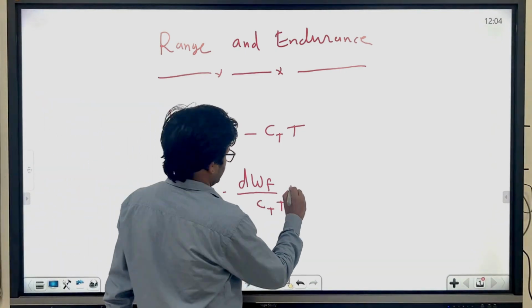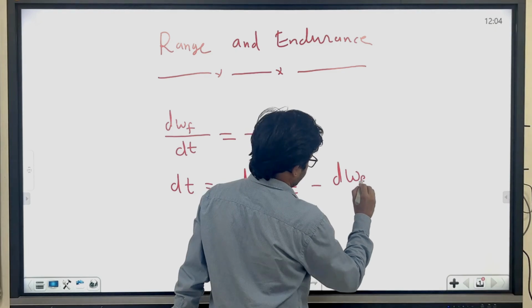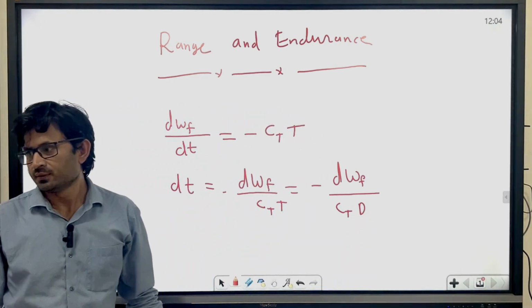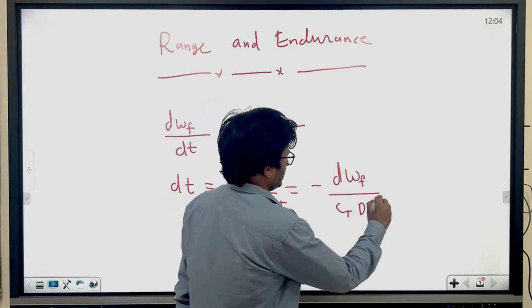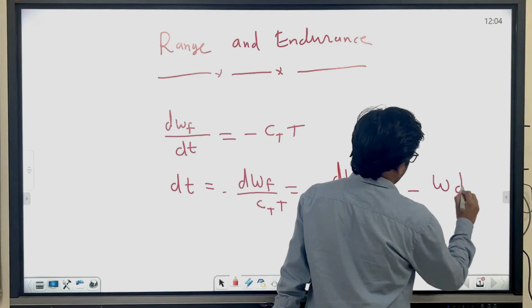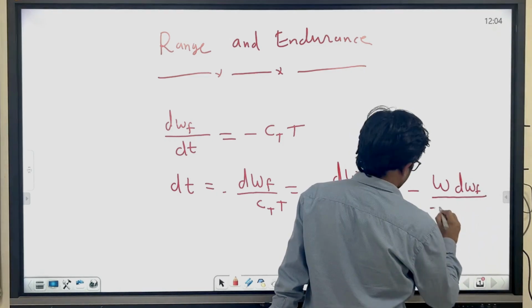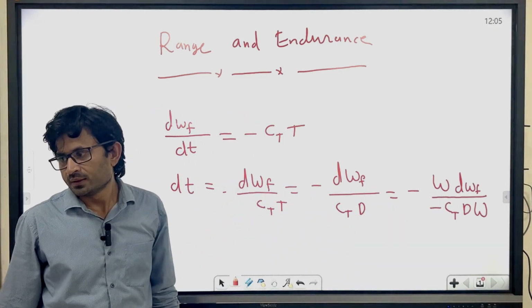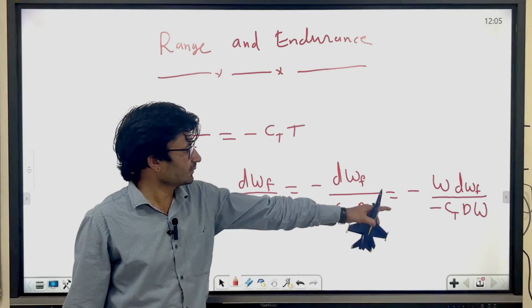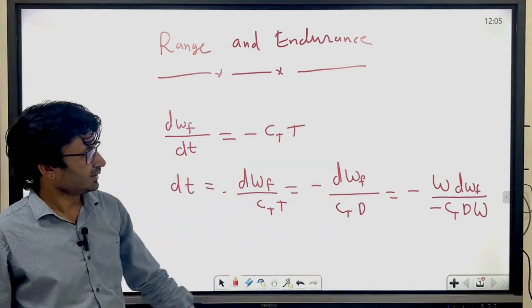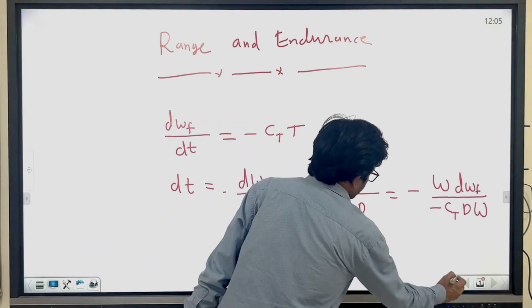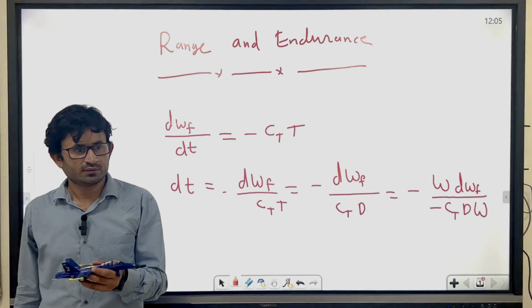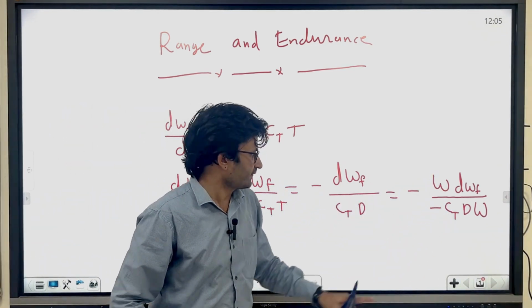This you can further rewrite as Ct into D, and you can multiply by W, numerator and denominator, and in the denominator you are also having a W. So in a steady state level flight, lift equals weight, right? So this W you can replace by lift.